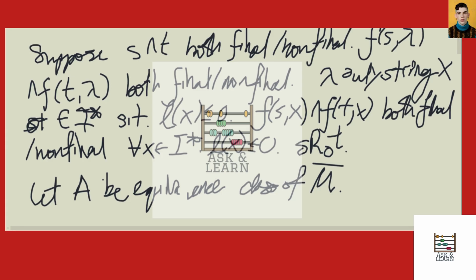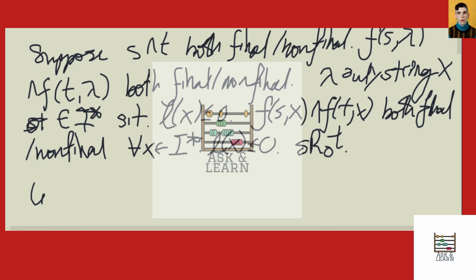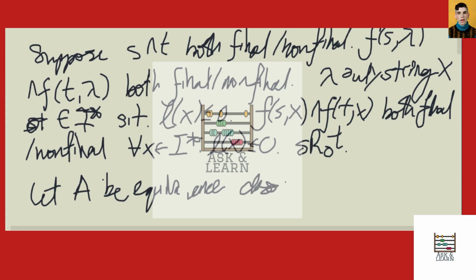Now we're asked to conclude that each final state of M bar, which is an R star equivalence class, contains only final states of M. So let A be an equivalence class of M bar.